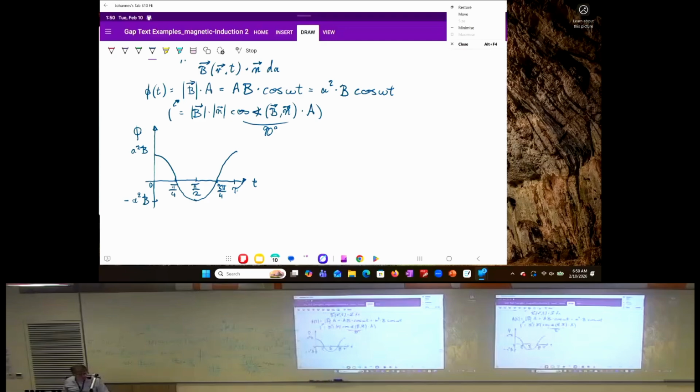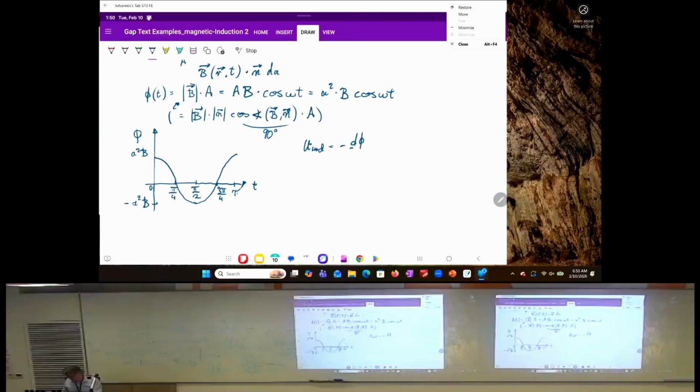Then U induced is minus the temporal derivative of the flux, which gives minus a squared B omega times minus sine omega t.